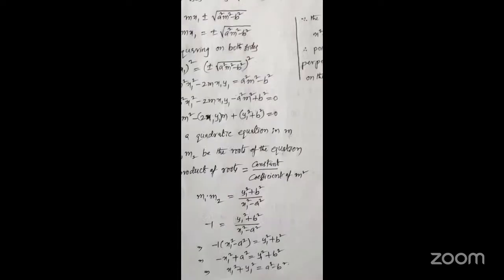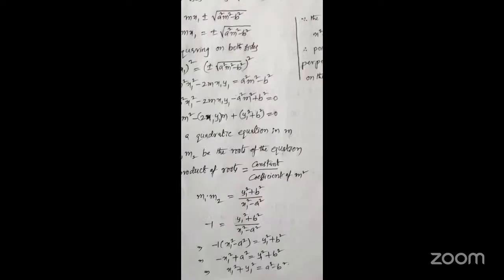On cross multiplying, we get -1 into (x1 square minus a square) equal to y1 square plus b square. On simplifying, we get x1 square plus y1 square equal to a square minus b square.